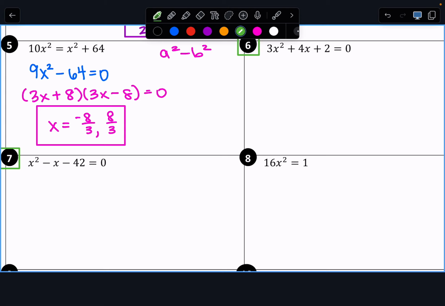It's mean. You think it has no solution? You're wrong. Try using the quadratic formula.